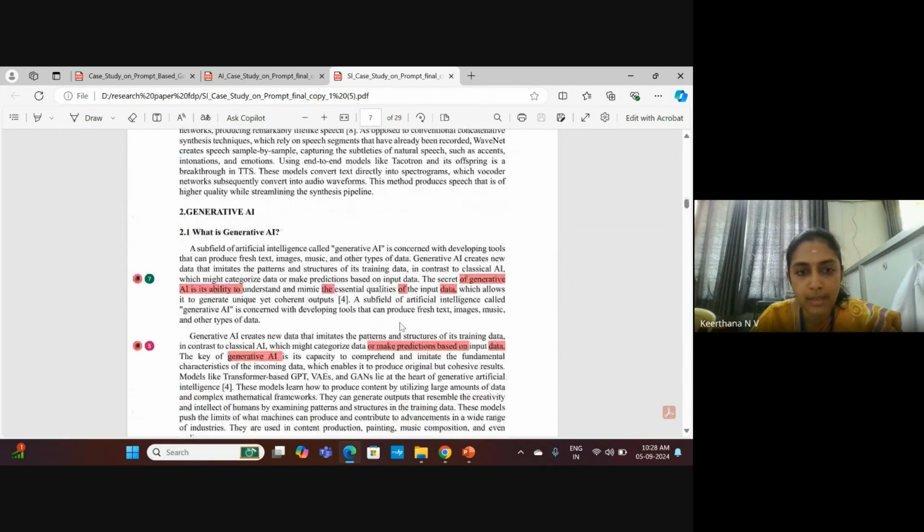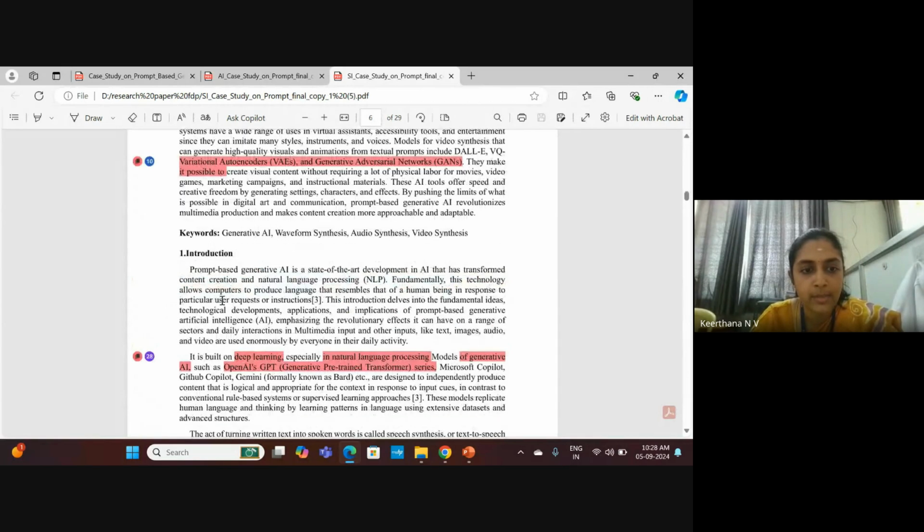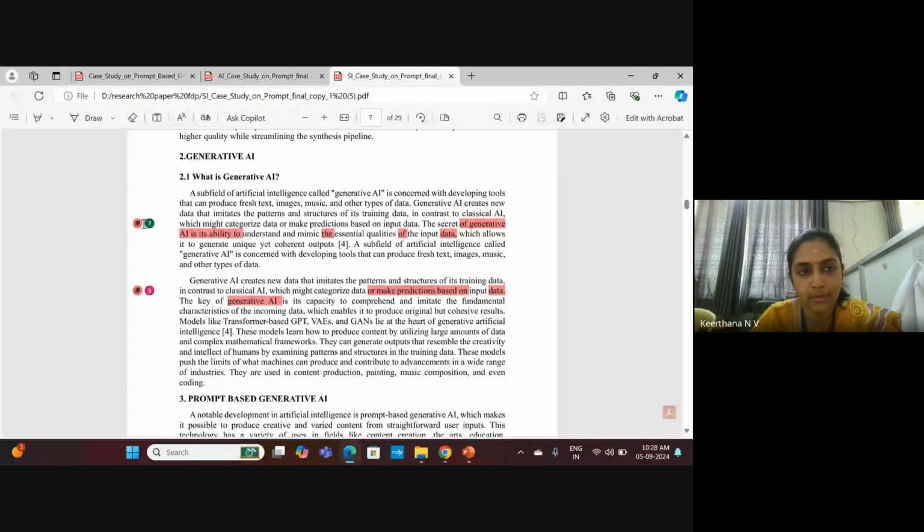And another thing, see here: "AI is its ability to." There are three continuous words, and the fourth is also something from another paper. It is present in the seventh reference paper. So if any plagiarism content is showing like this, please avoid continuous usage of three words.